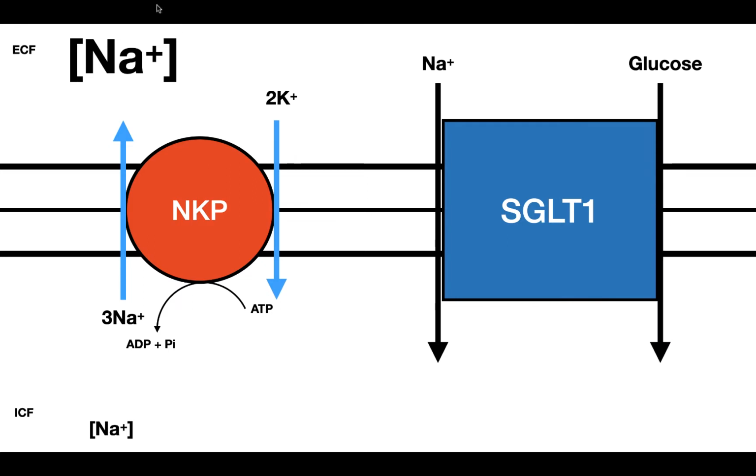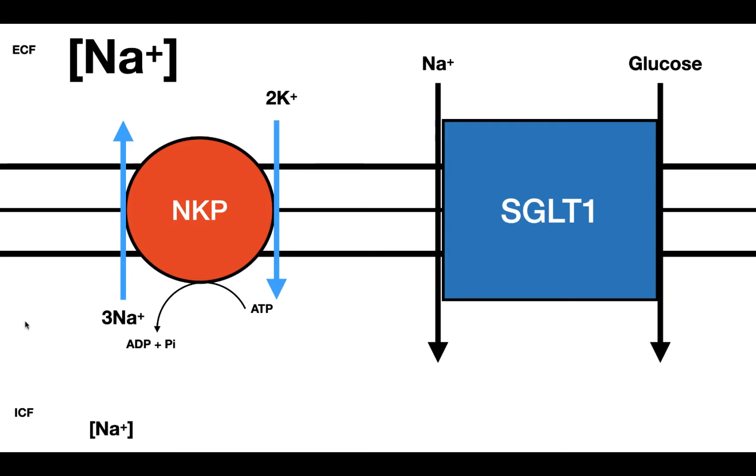Well, this transporter is coupling the downward movement of the sodium ion to the uphill movement of glucose. In other words, glucose is moving up against its concentration gradient, and this is achieved by coupling the movement of glucose with the downhill movement of sodium. So why does this work?